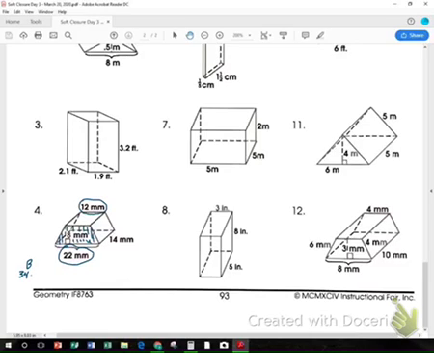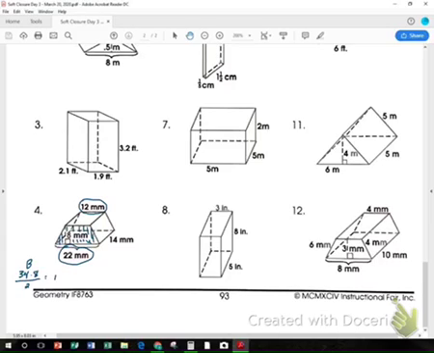So 34 times the height. The height is 8. Divide by 2. So we added the bases, multiplied by the height, divide by 2. 34 times 8, divided by 2 equals 136.